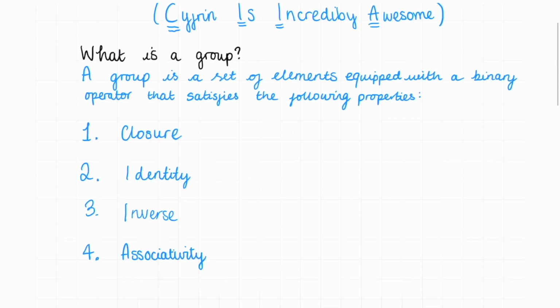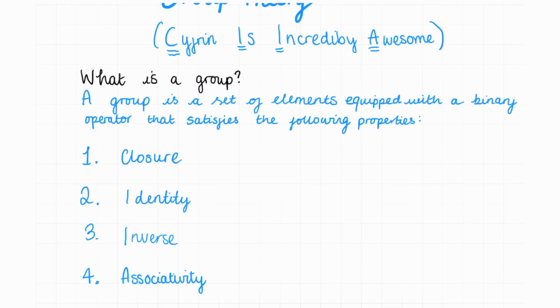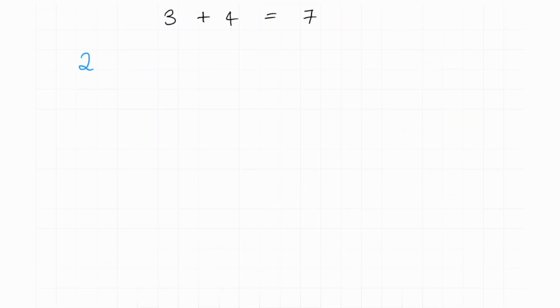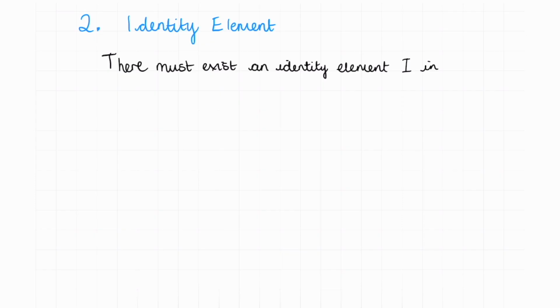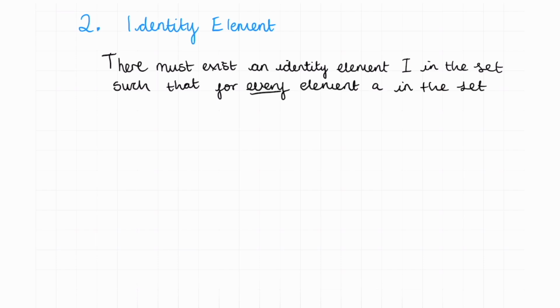Let's scroll back up. Now we've got identity. What does this mean? So number 2, identity. Specifically, we mean there must exist an identity element, an element in the set which is the identity element. So we can write that out. There must exist an identity element, which we usually denote with capital I, in the set. Now, what does identity element mean? It's such that for every element A in the set, every single one, the following property must hold.